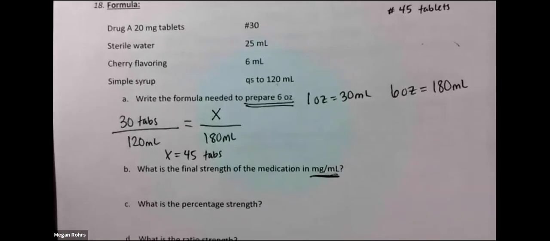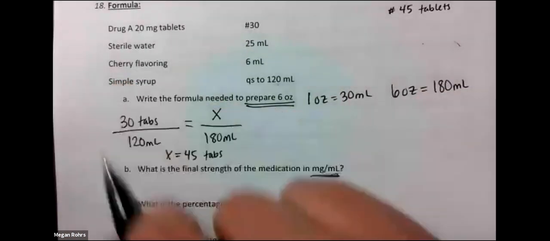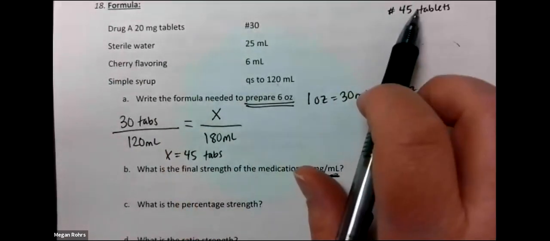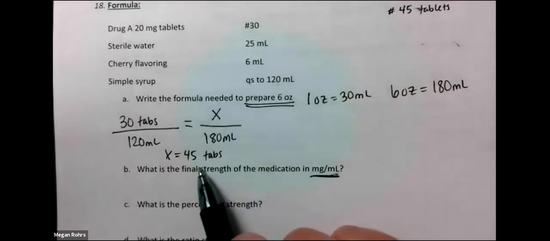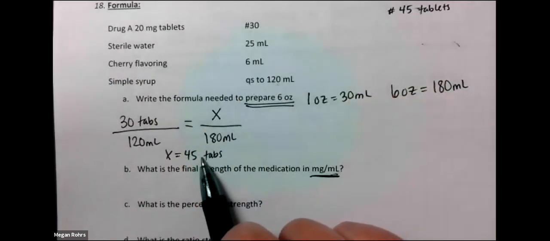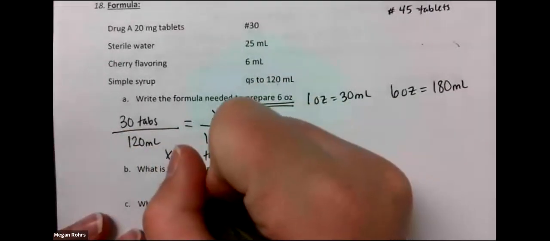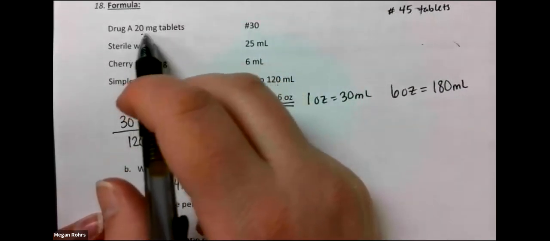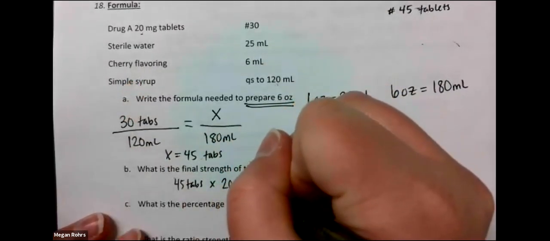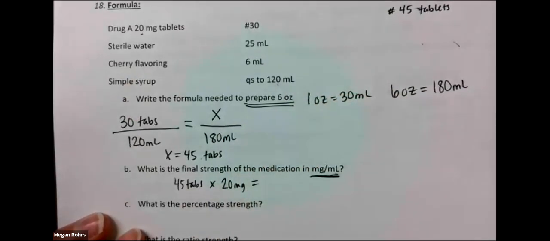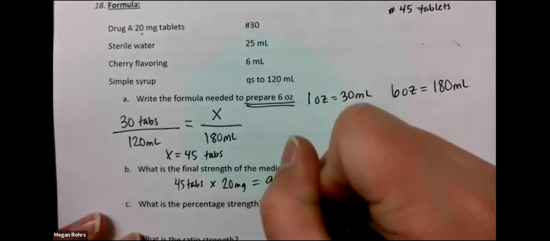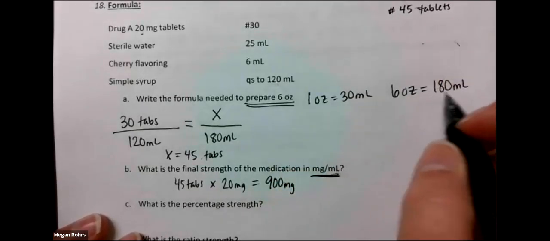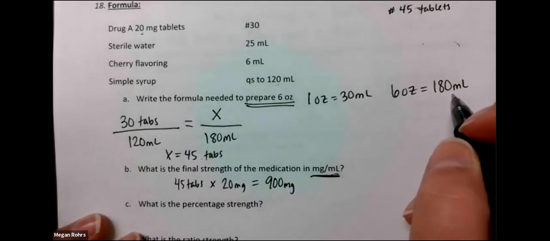Remember, our active ingredient here is our drug A. And we know that in the formula that we're making, we're using 45 tablets of drug A. So if we're using 45 tablets, and each tablet has 20 milligrams, 45 times 20, that would be 900 milligrams of active ingredient here in our total of 180 mils of solution.